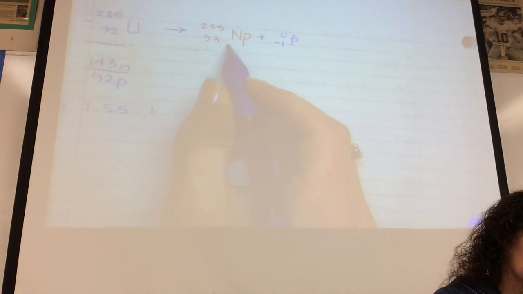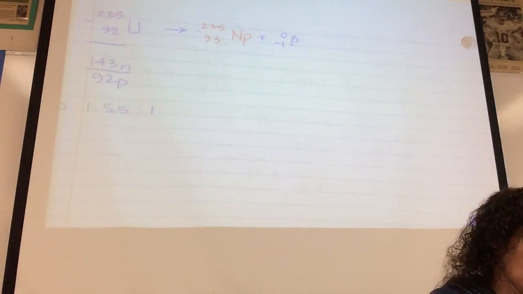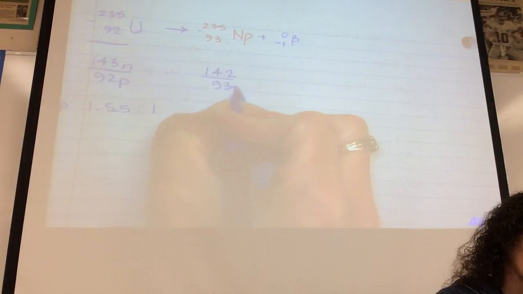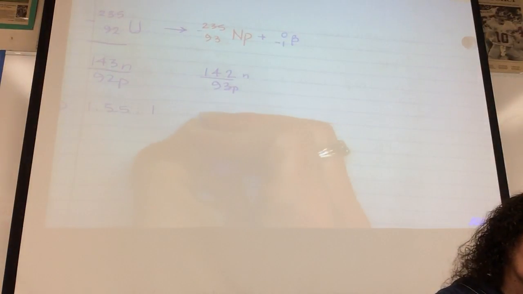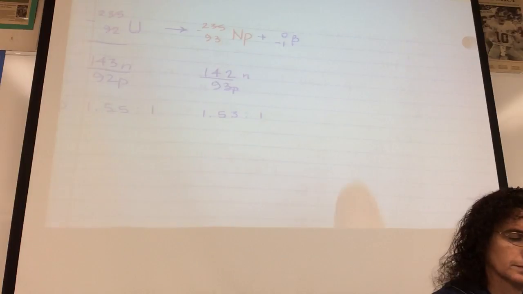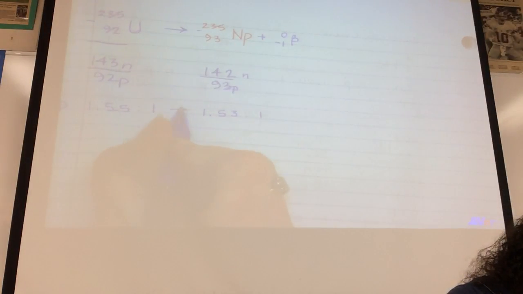And how would we get neptunium? So what happens to the ratio?